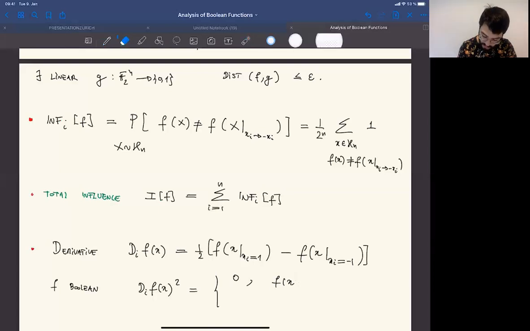So if f is Boolean, this would be 0 if f of x, when you flip i, is equal to f of x. So if you flip i and it doesn't matter, then it's 0, and it will be 1 when this is different.